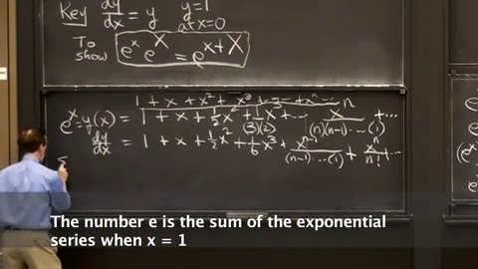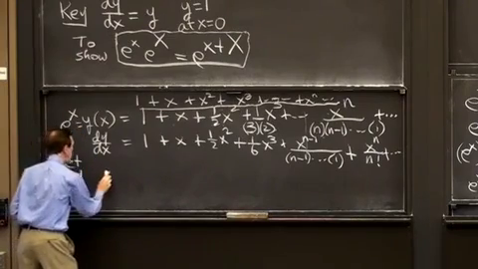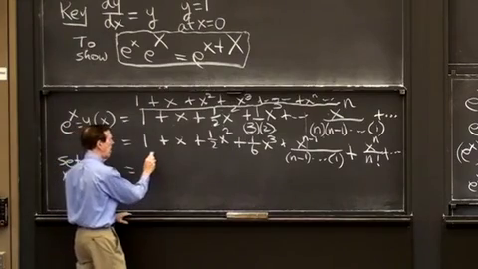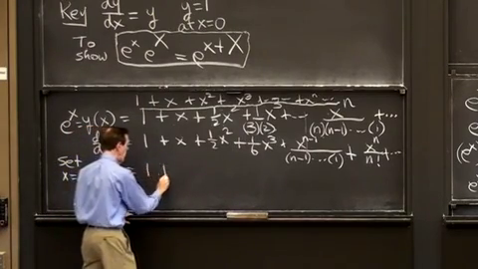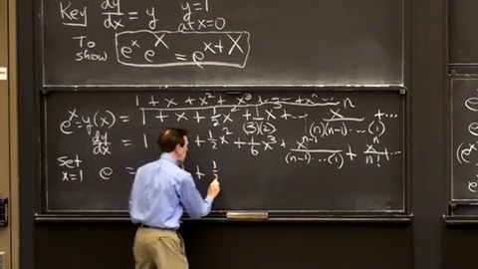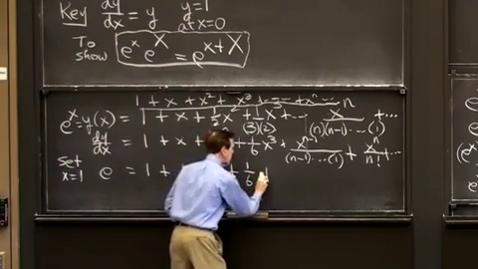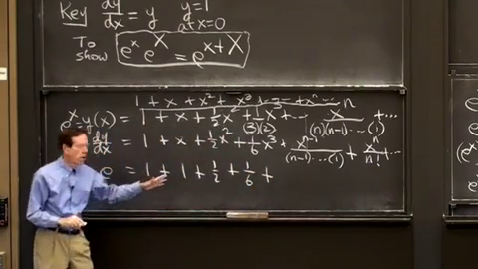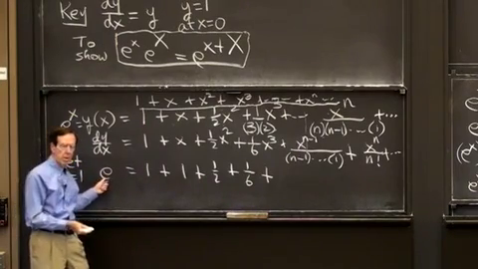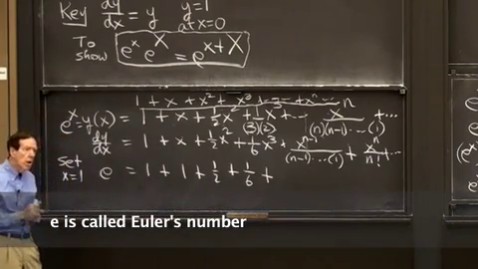Set x equal 1, and you learn that e to the first power, which is e, is, can I just put it in? 1 plus 1/2 of 1 squared plus 1/6 of 1 cubed. What's the next term in this? So these are numbers now, and I'm getting a number. I'm getting this incredible number e, named after Euler.